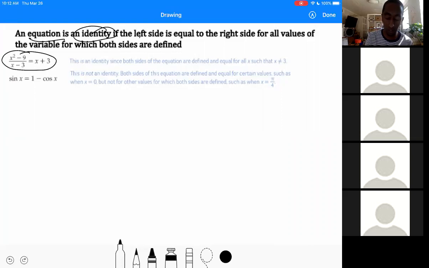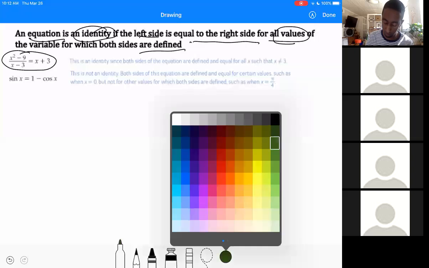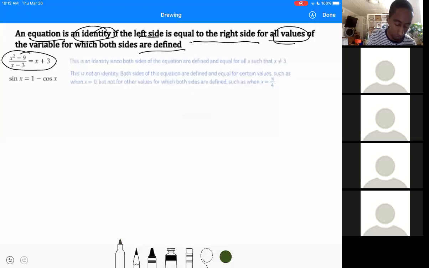The left side is equal to the right side for all values for which the variable is defined. What that means is, if you were to plug in any number for x here, let's say I plug in 1, and 1 here, and 1 here, the left side would equal the right side. If you were to plug in 2, the left side would equal the right side.